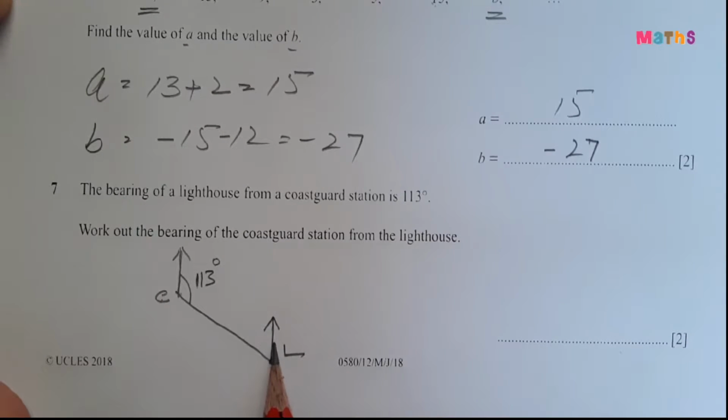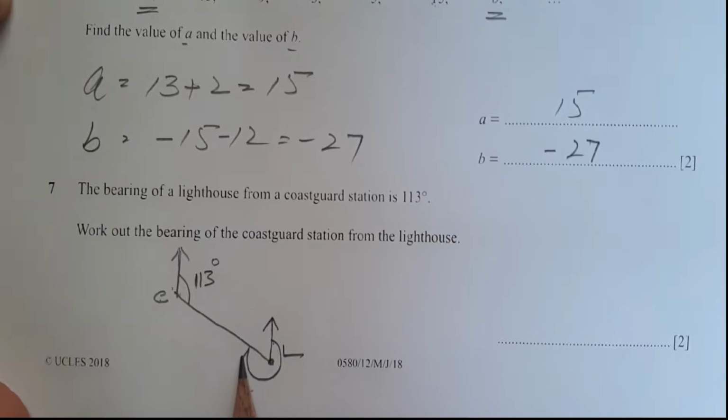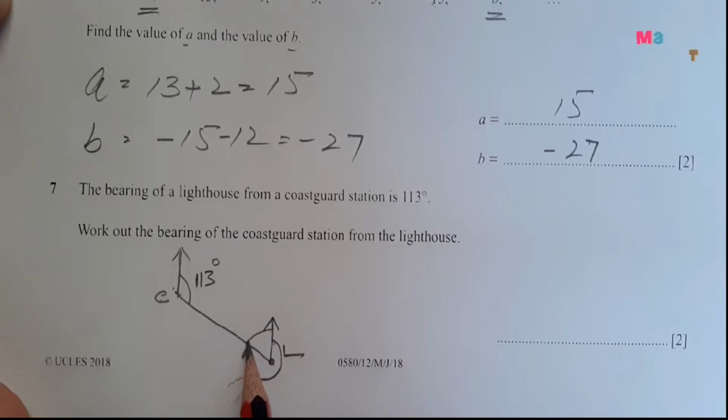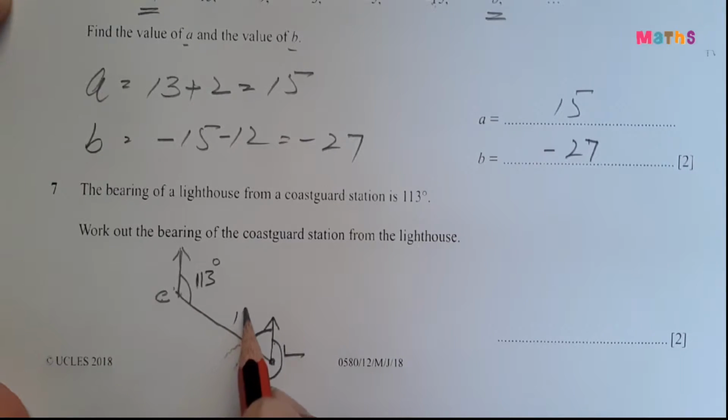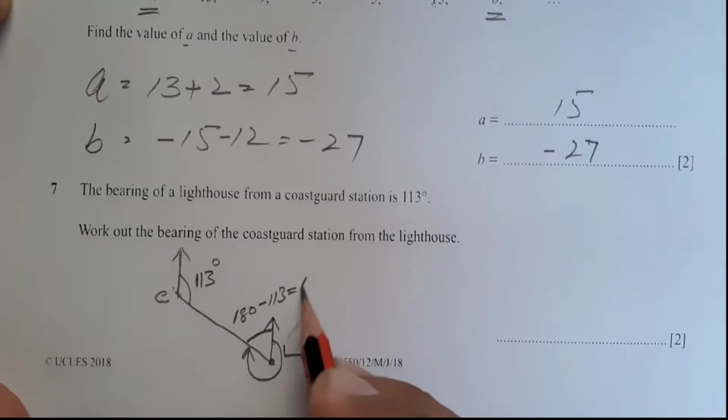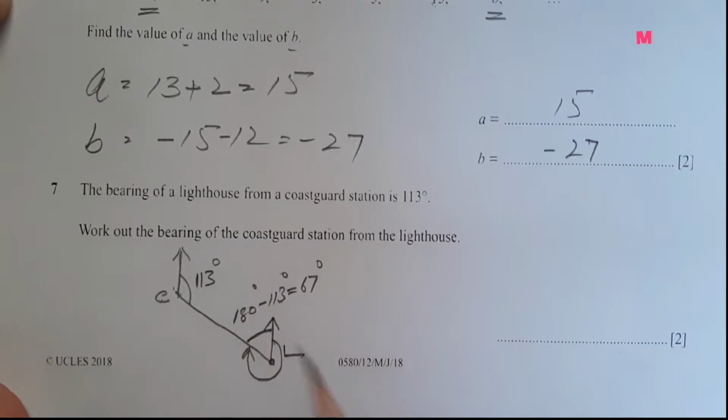So bearing of coast guard from lighthouse will be this whole angle, this one. So if we want to check, this angle will be 180 minus 113, which will be equal to 67 degrees.